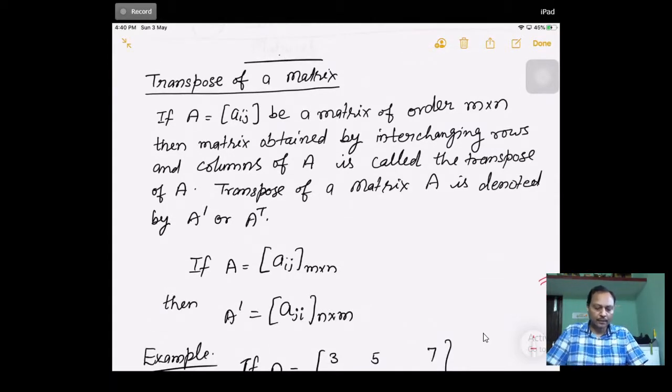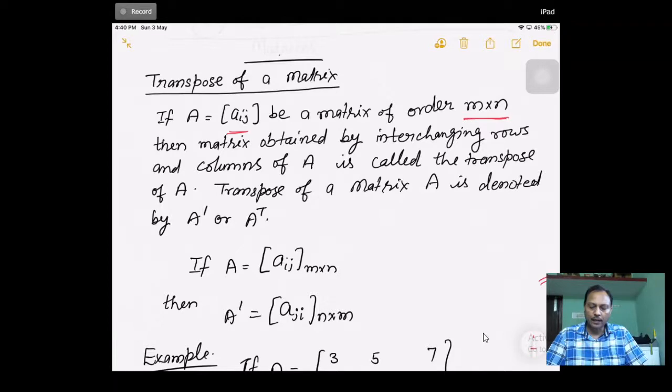Now, if a matrix has elements represented by a ij, where i is the row and j is the column, this is a matrix of order m by n.